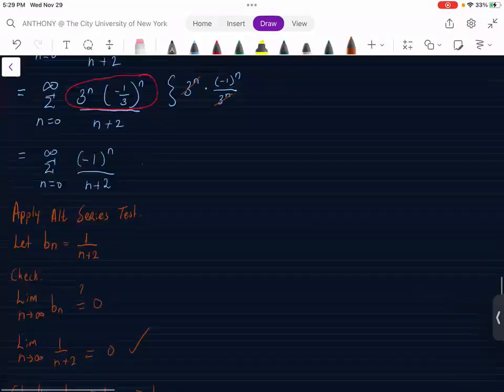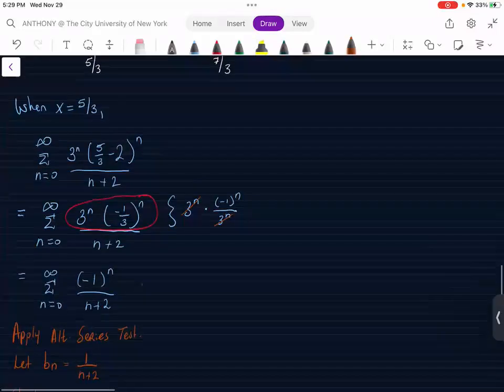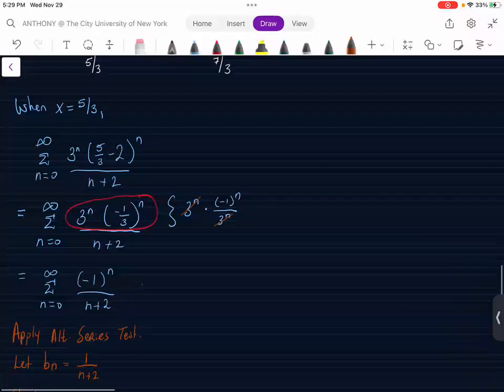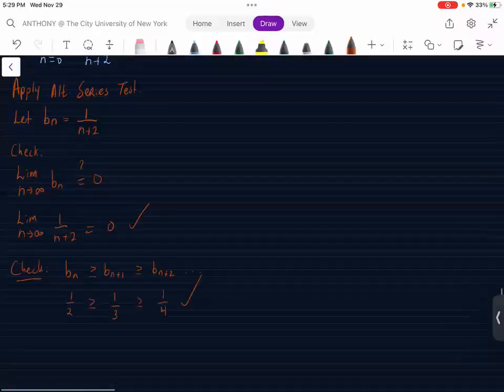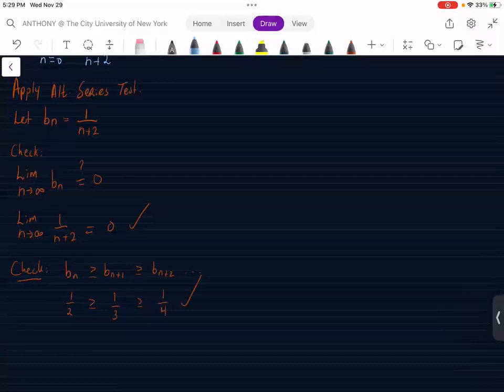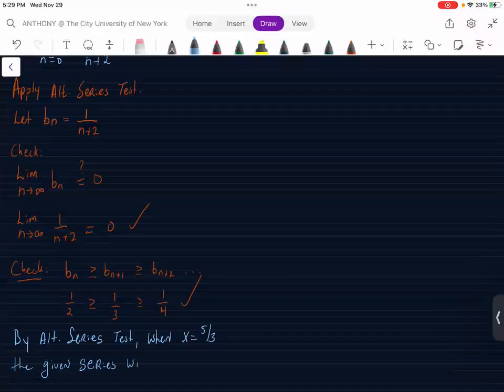So by the alternating series test, when x is equal to 5/3, the given series will converge.